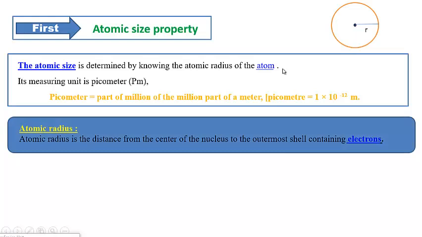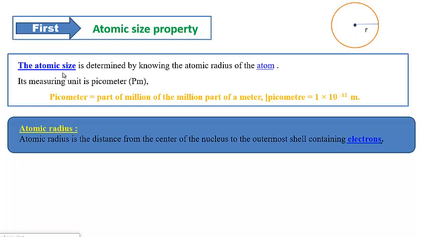The same thing in the atom. The atomic radius is the distance from the center of the nucleus to the outermost shell, or the energy level, which contains electrons. This is called the atomic radius. If we know the atomic radius, then we can determine the atomic size of the atom.